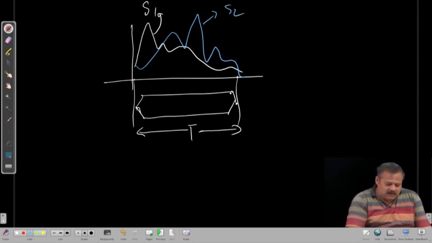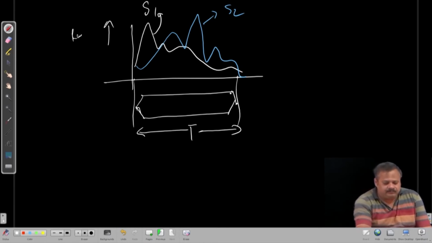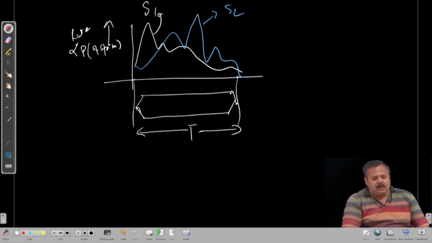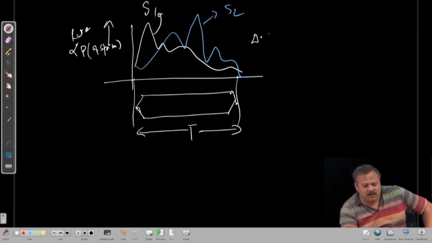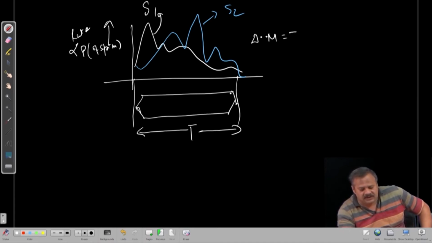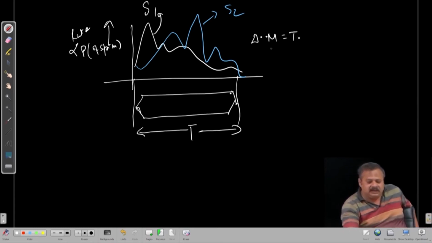This is our rate in spikes per second, or let us say we convert it into probability of a spike by assuming that our delta is very small, that is delta times M equals T, so that there is at most one spike.